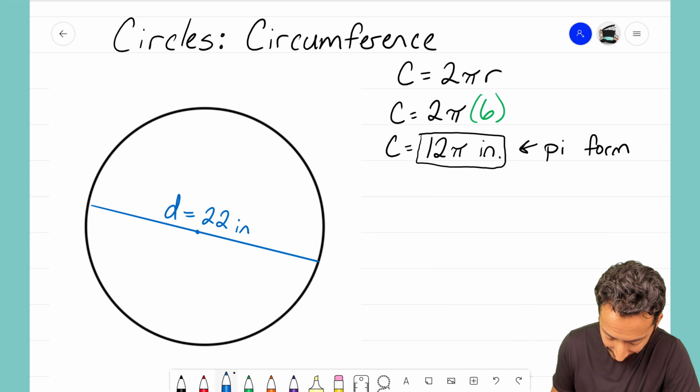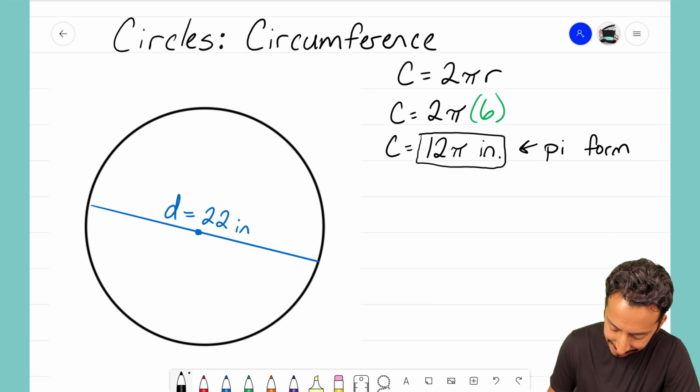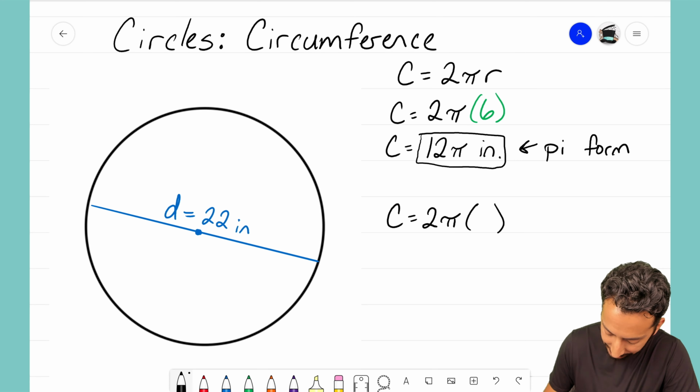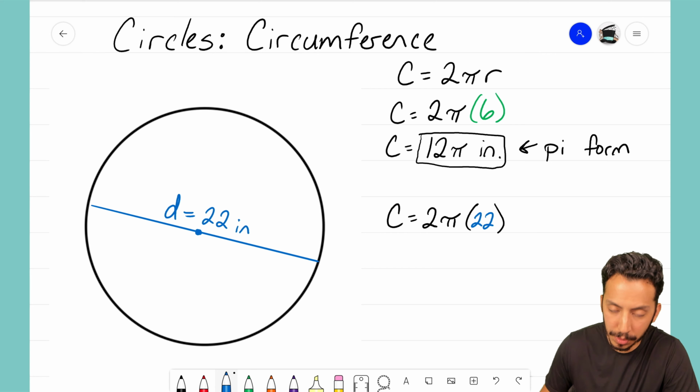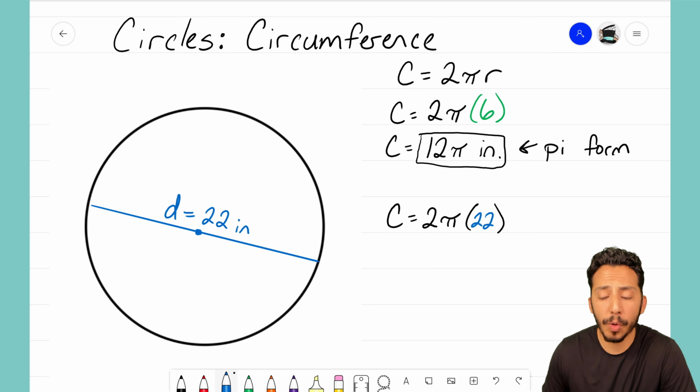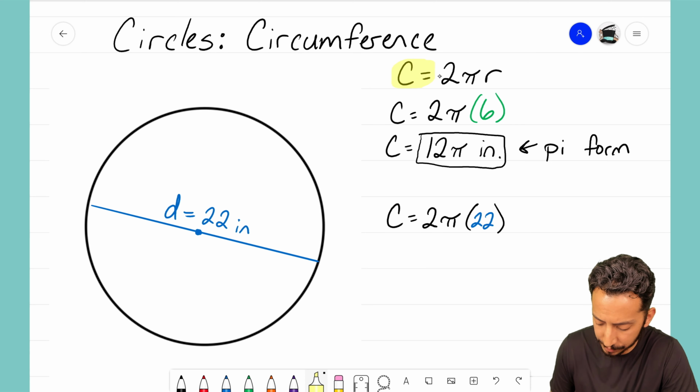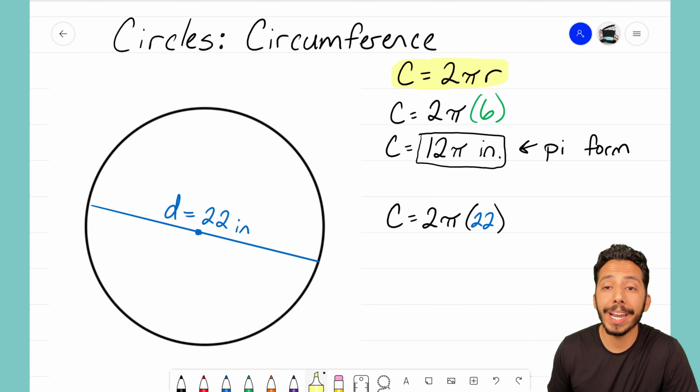Well, what I can't do is take that formula and just plug in 22. Because remember, for this formula up here, I'll go ahead and highlight it for us, we need the radius. In this example, I have the diameter. And so I can't just use the diameter here because this formula only works when we have the radius.